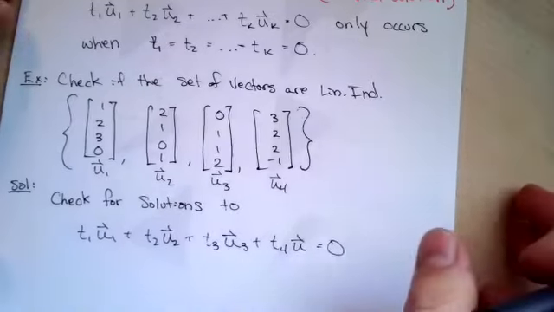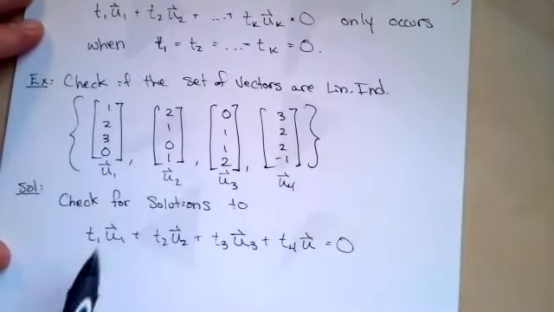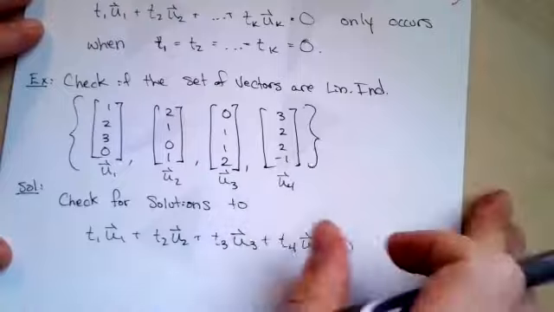So if everyone's got that down on their notes, let's go ahead and rewrite this now out with all of these vectors, starting on a new page here. And let's see how this math works out.